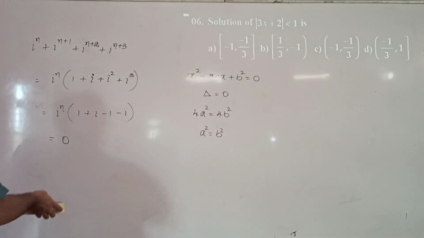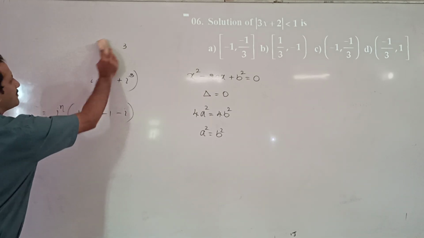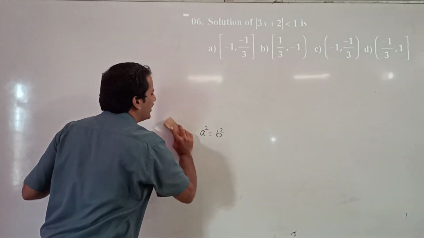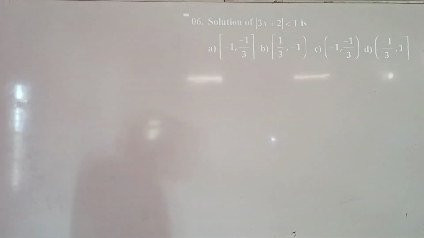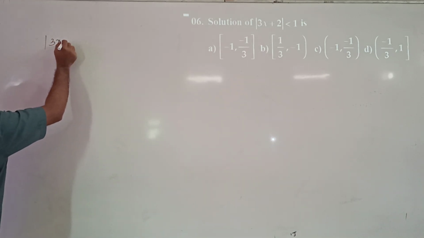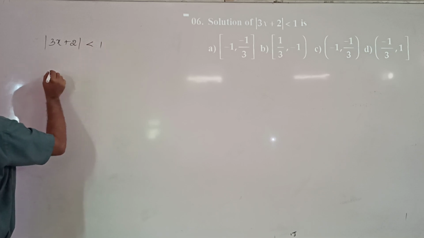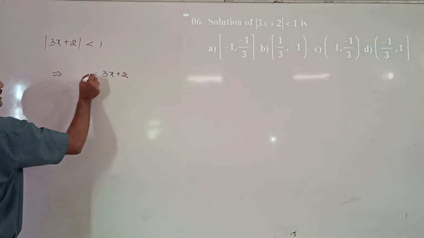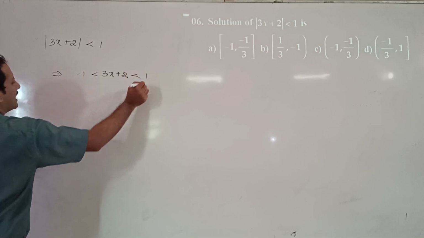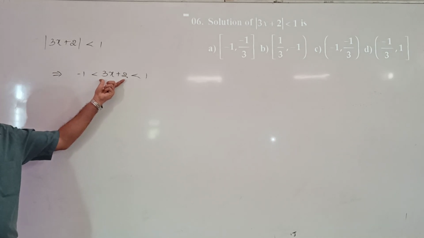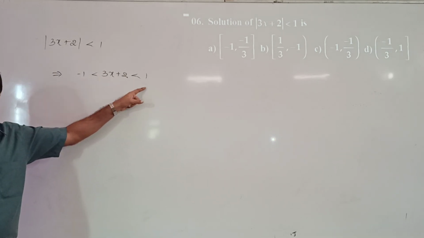Then, the solution of mod of 3x plus 2 less than 1. Mod 3x plus 2 is less than 1 implies that 3x plus 2 is greater than minus 1 but less than 1. Modulus is less than 1 means that the value must be in between minus 1 and plus 1.